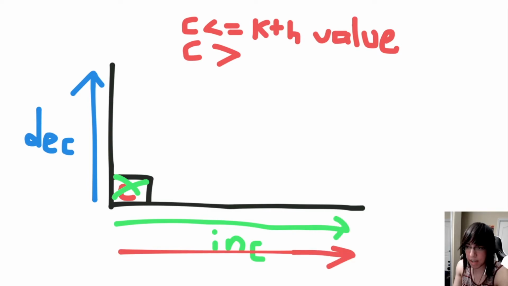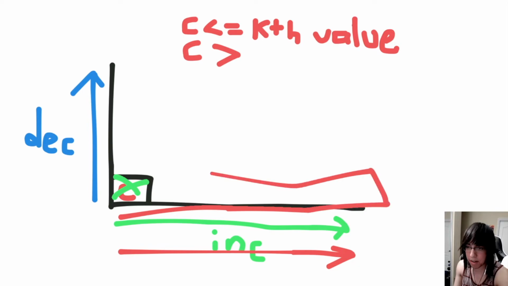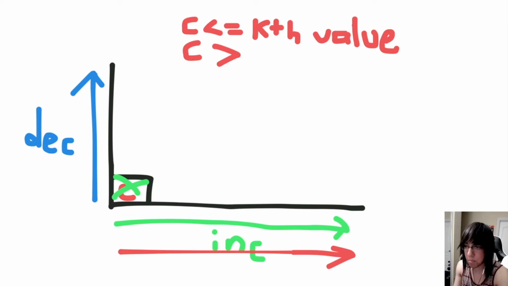And if this guy was greater than, then all of these are going to be greater than. So we can just ignore this entire row and move into the next row. Again, if this guy was greater than, that means all of these were greater than down here inside this row.